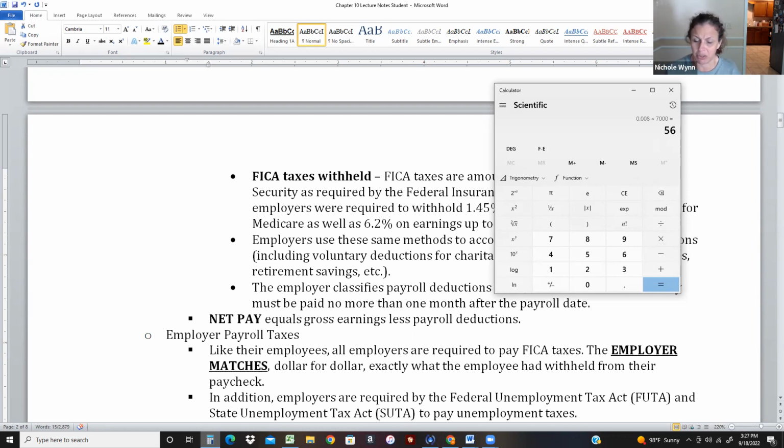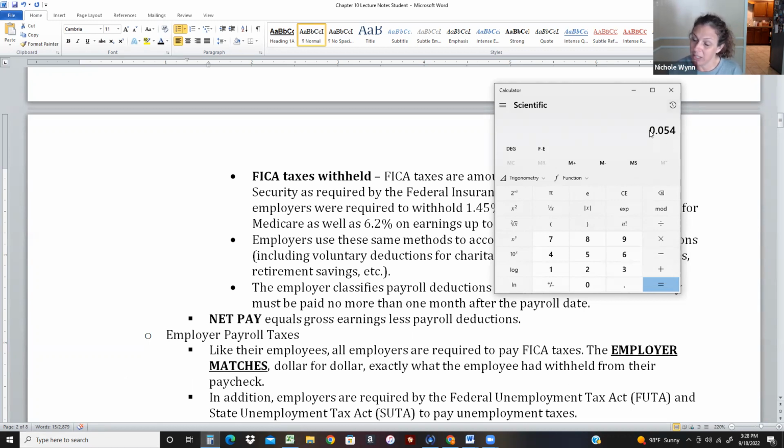SUTA, the rate varies. So the rate that's commonly used in textbooks is an average, and it's 0.054. And what that refers to is the SUTA average rate. SUTA money is state unemployment, and it goes to the state of Kansas in our situation, and that goes to actually pay people who are drawing unemployment. So that money goes to the state level.